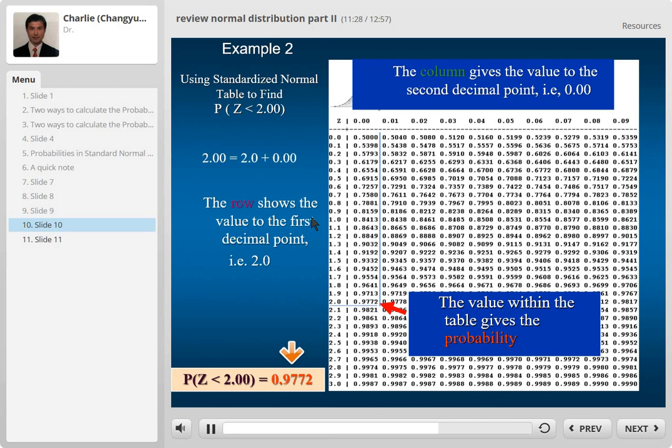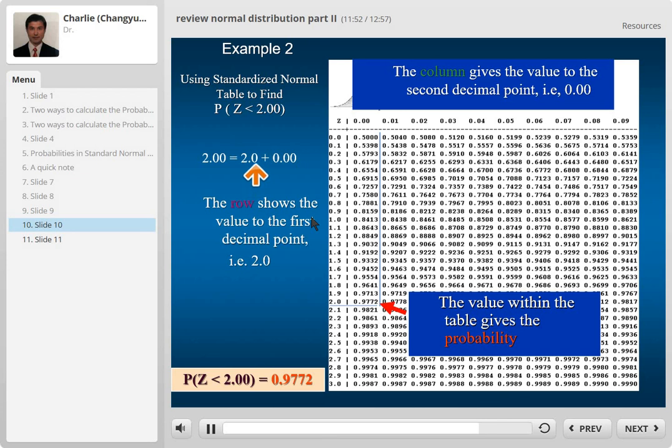Again, what do we do? We break down this 2.00 to 2.0, which is the value to the first decimal point, and 0.00, the value of the second decimal point.